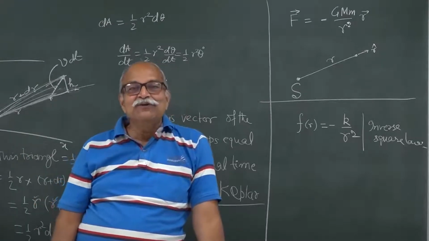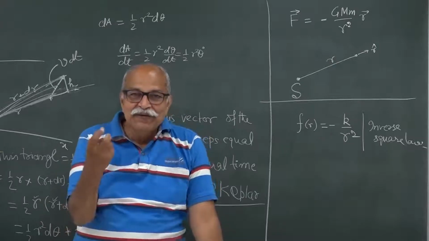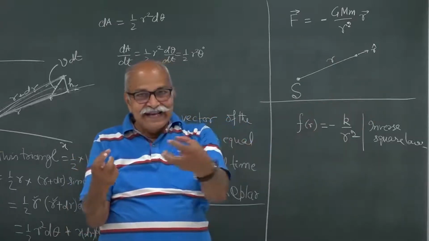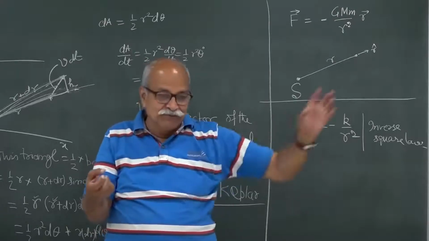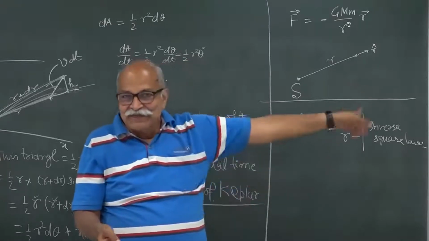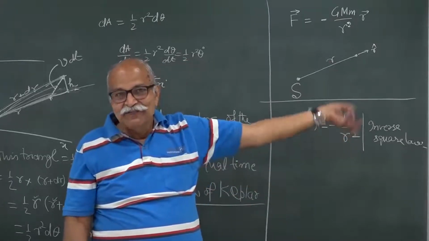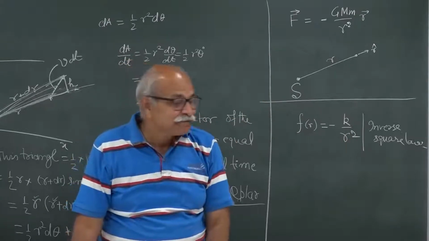It is also very close to Rutherford scattering, where you have a nucleus and an alpha particle is sent, and because of that force, of course a repulsive force, or if you send beta particles, then it is an attractive force. Very close to this situation, the force is of the 1 by r square, inverse square type.